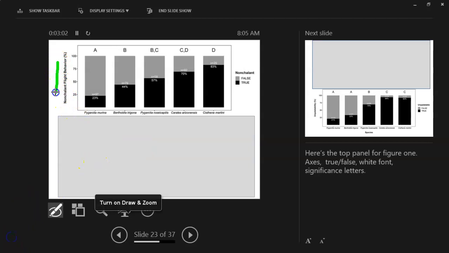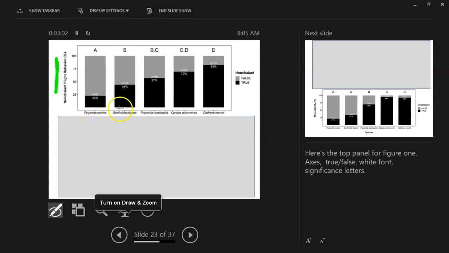On our y-axis, our vertical axis over here, highlighted with the green marker, you see that we are measuring the percentage of moths that exhibit nonchalant flight behavior. So this is from the arena trials. And what you see within each of the bars, the black and the gray represent whether or not the moths exhibited nonchalant flight.